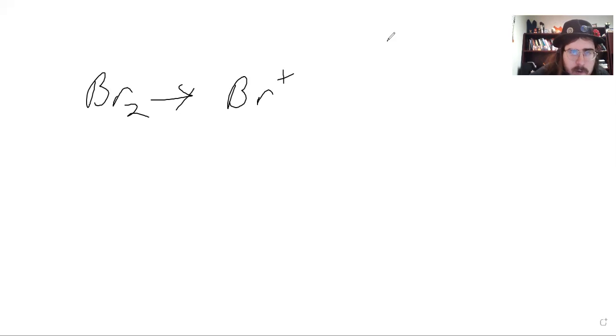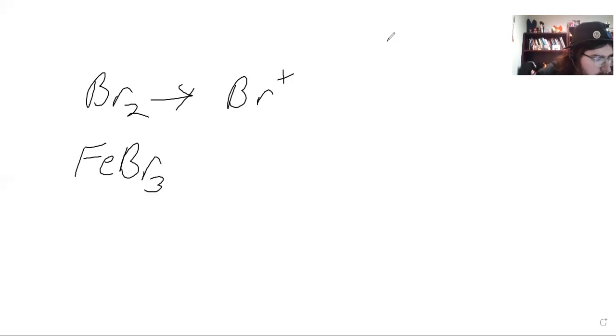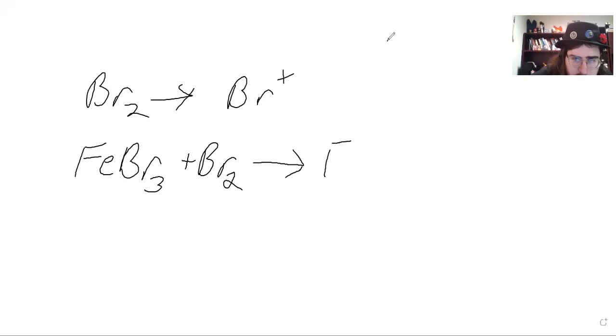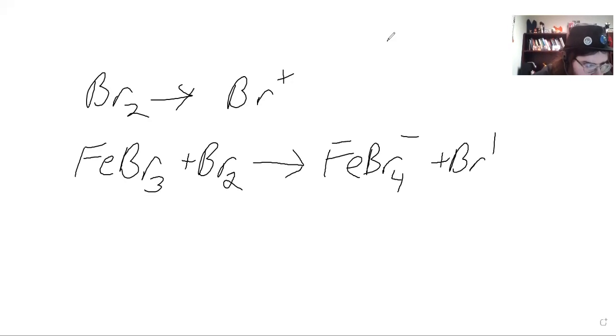We're going to do this with iron tribromide. If you did iron with any other thing, you might risk putting a different electrophile on. So what we want is to form a Lewis acid adduct of FeBr4 minus and Br plus.